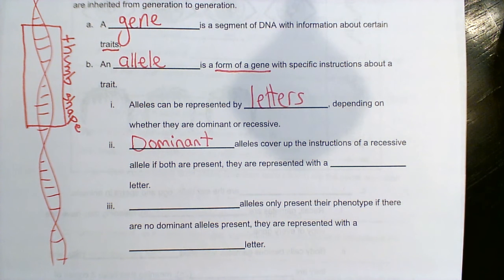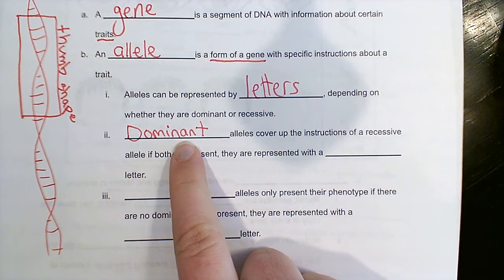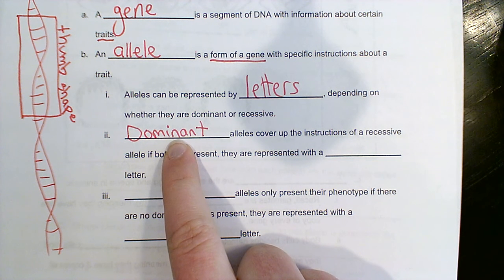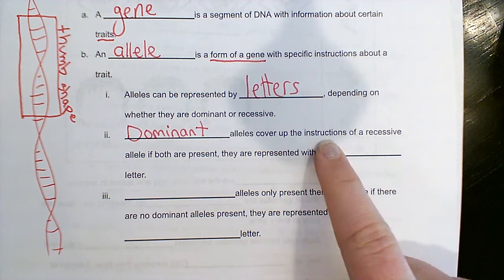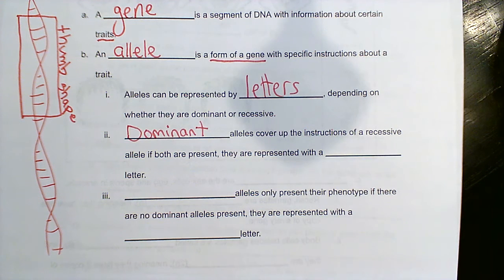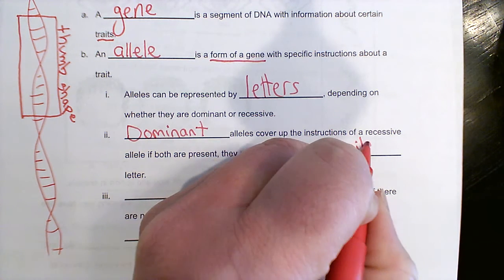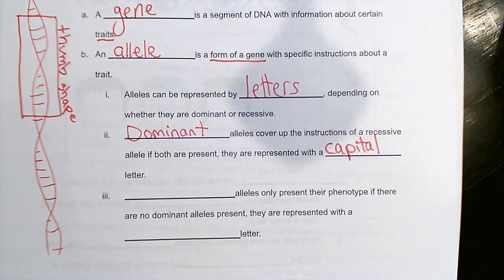They control the conversation, they make sure everybody's focused on them, right? So that's a dominant person. Same idea with a dominant allele. If there's a dominant allele around, their instructions are the ones that the body listens to. Okay, so they're able to cover up the instructions of a recessive allele if both are present, and we represent them with a capital letter.